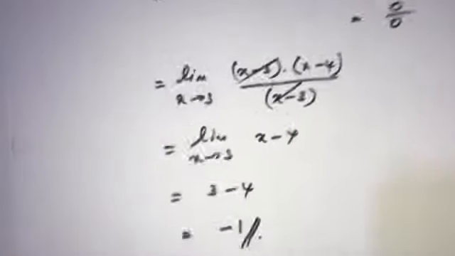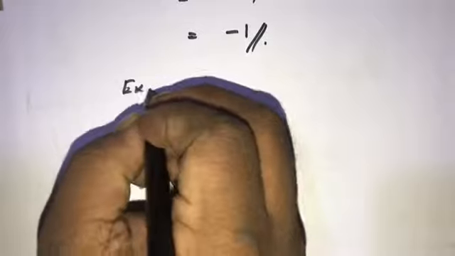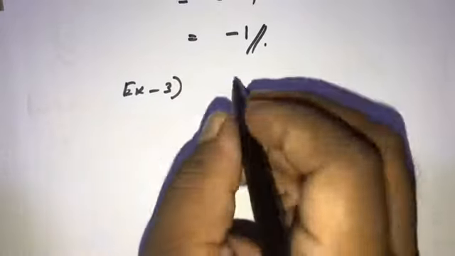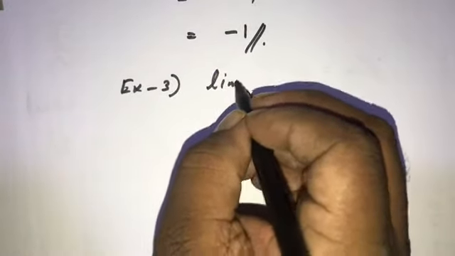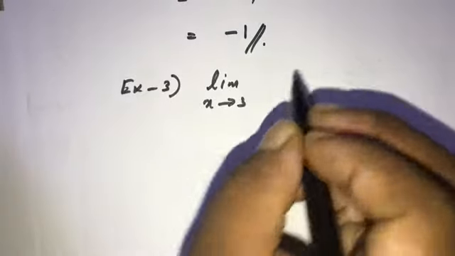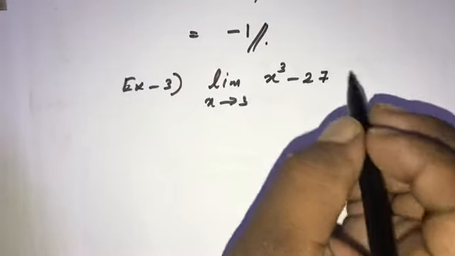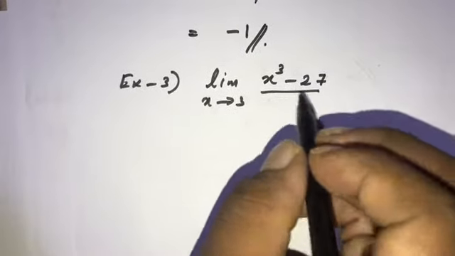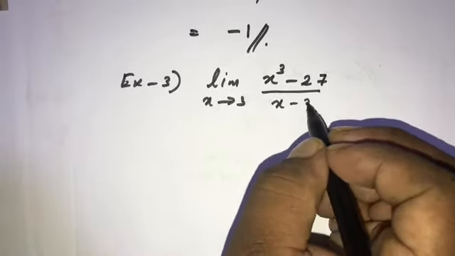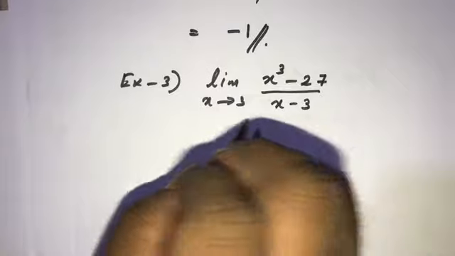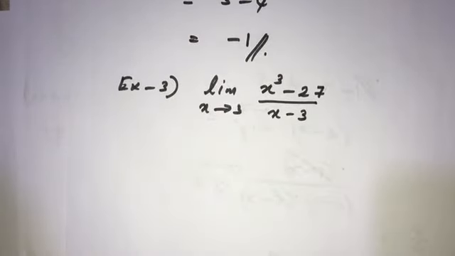Okay. Next example. Example number 3: limit x goes to 3 of x cubed minus 27 over x minus 3. This is the same as the previous problem.